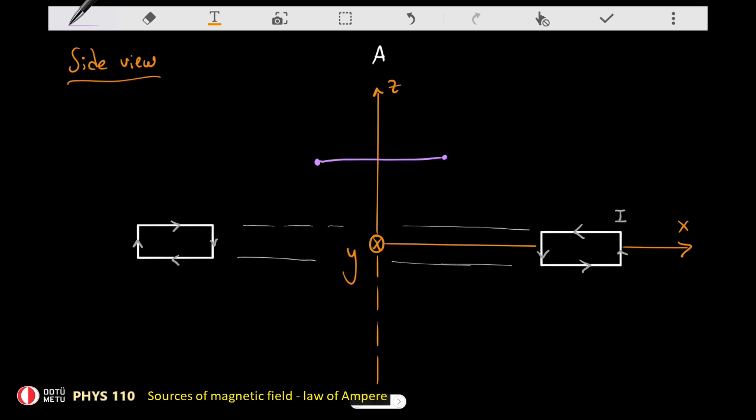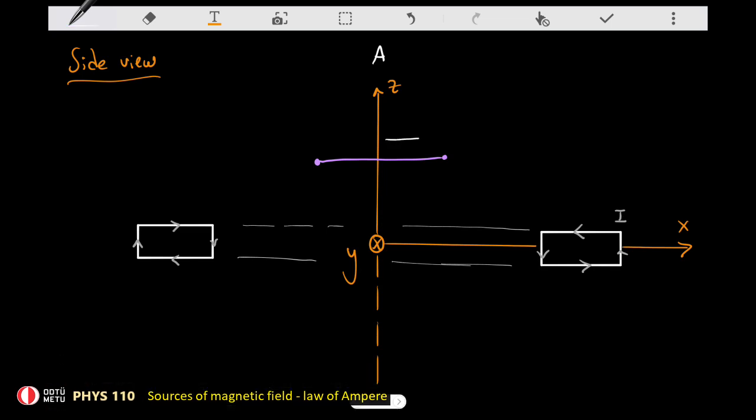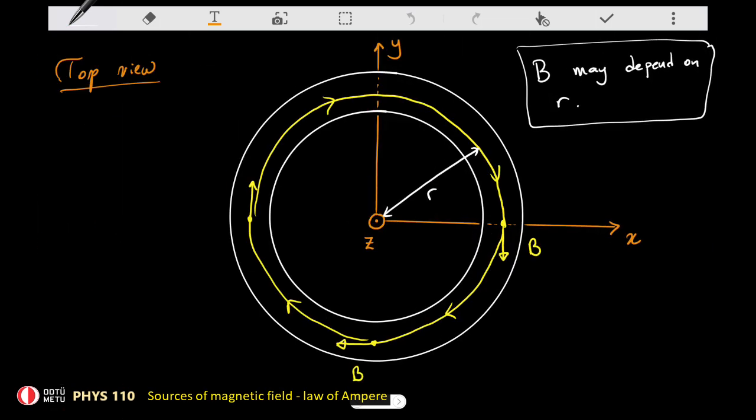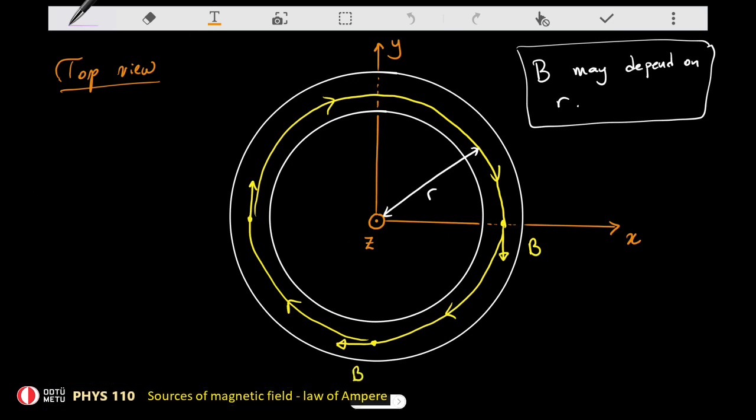So let me not draw any directions in here, but let's just say that this distance in here, the radius of the circle, is equal to r in that picture. And in here, let's draw the Amperian loop like that. So let me erase this.